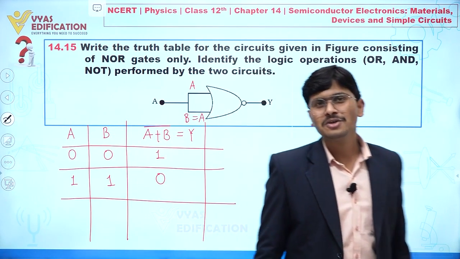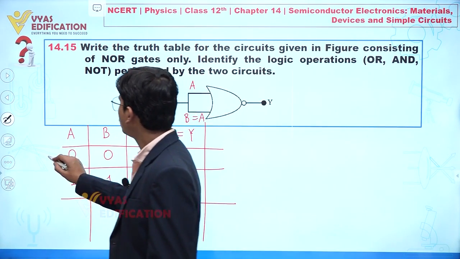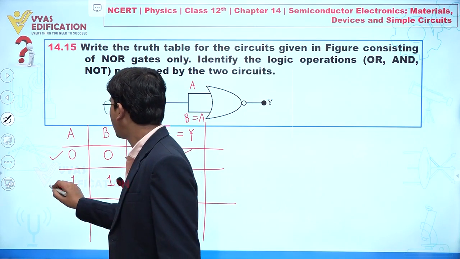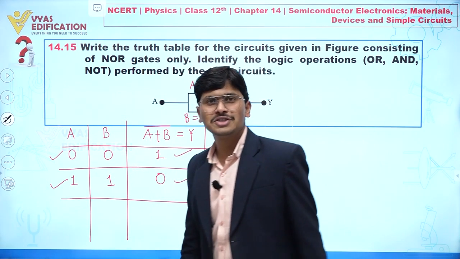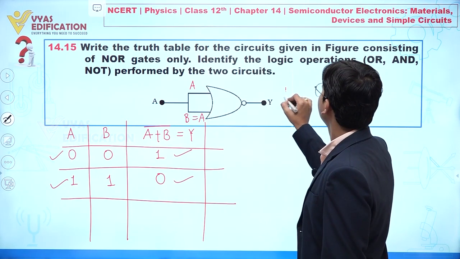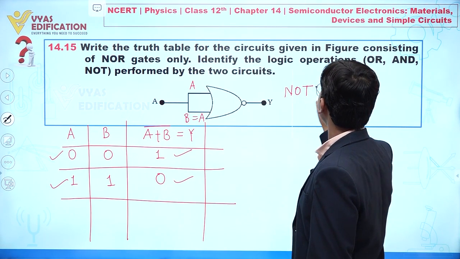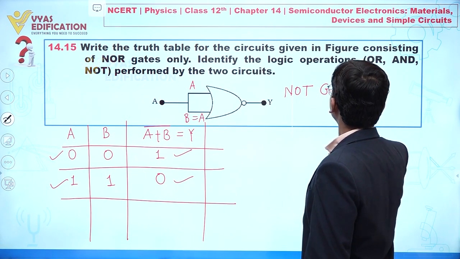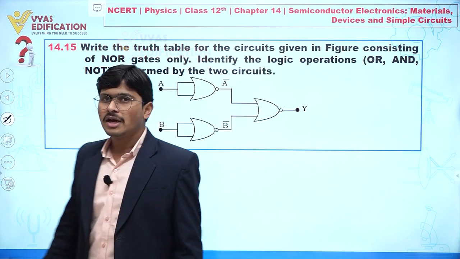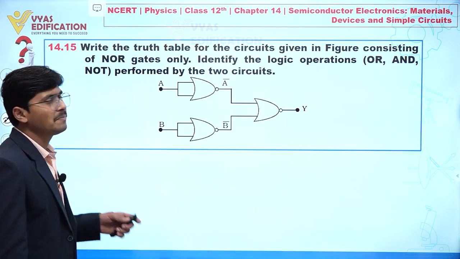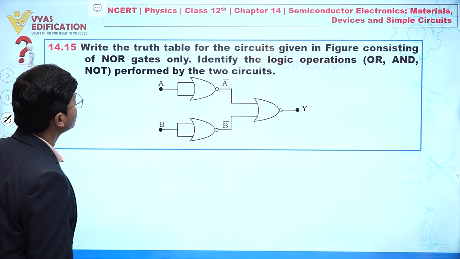So directly you can say we have input 0, we are getting output 1. We have input 1, we are getting output 0. Definitely this is behaving just like a NOT gate. Clear everyone?